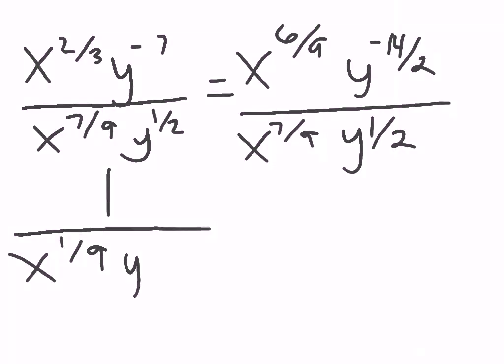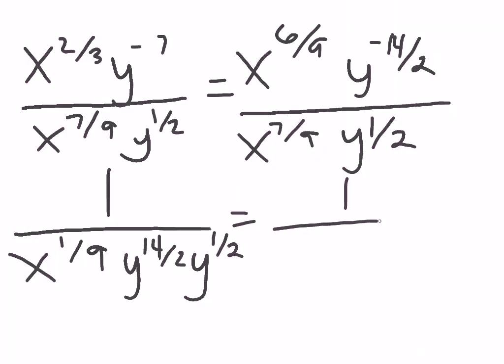So I'm going to put that y to the negative 14 over 2 in the denominator and make it 14 over 2, and then y to the 1/2 as it was in the denominator. I'm going to go ahead and combine those, and I get 1 over x to the 1/9. 14 over 2 plus 1 over 2 is 15 over 2, so that's y to the 15 over 2.